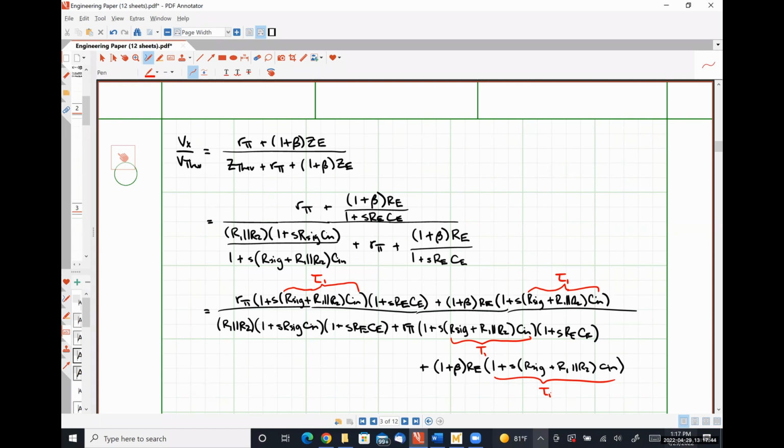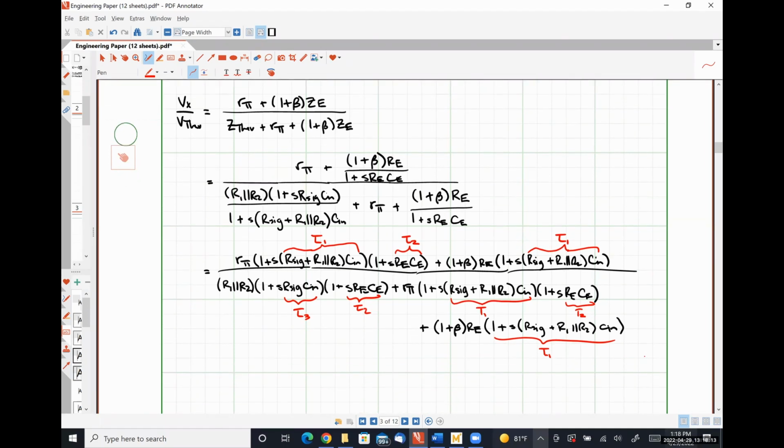I'm going to call RE times CE tau 2, and I see that again here and here. And then I also have R sig times Cn. I'm calling that tau 3.